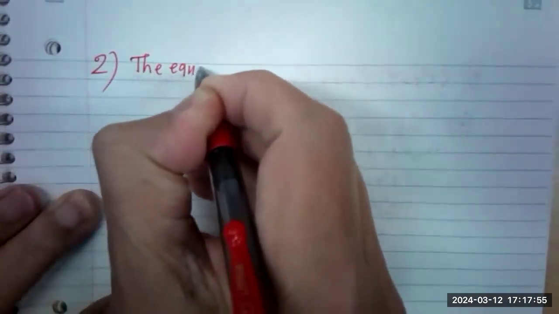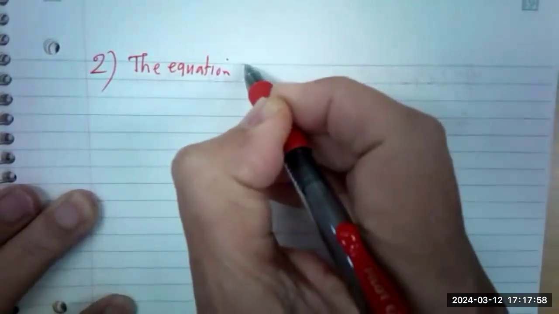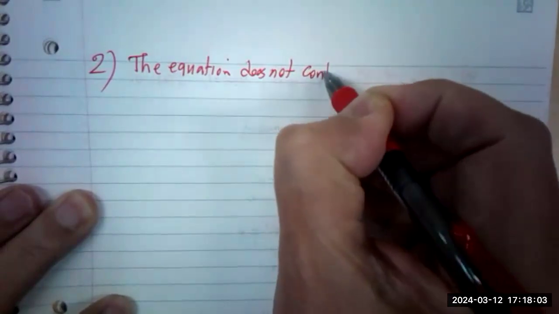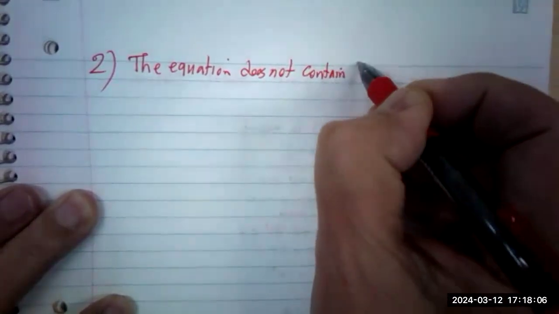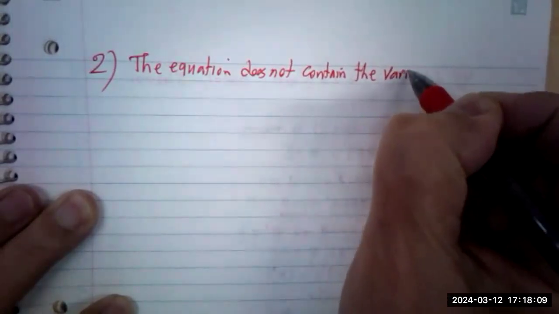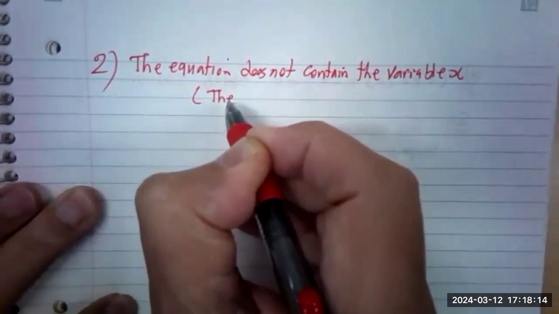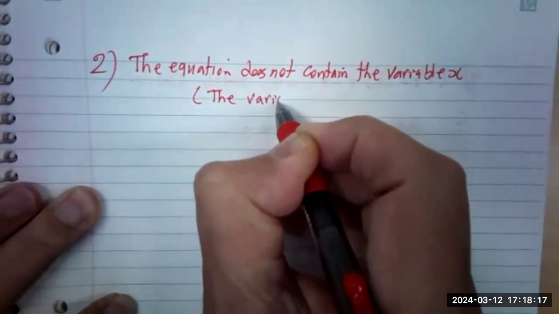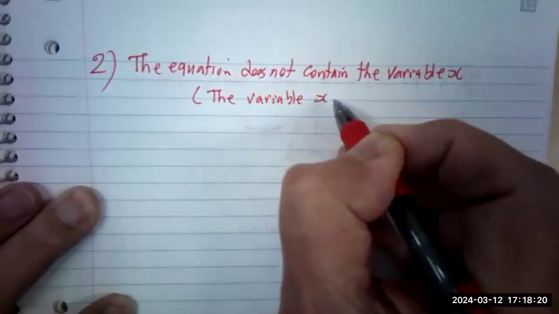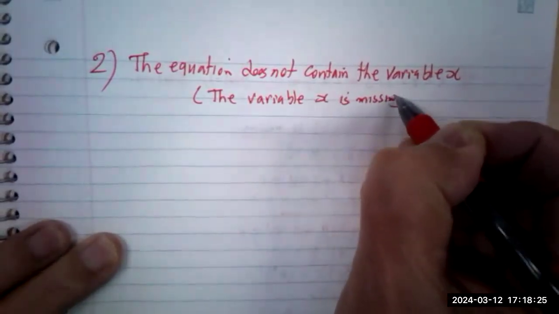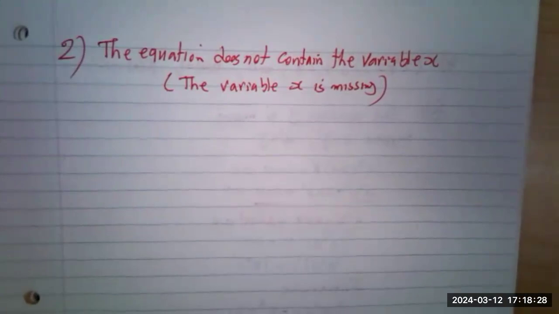In type two, the condition is that the equation does not contain the variable x, or we say the variable x is missing. So this is the one called case two.